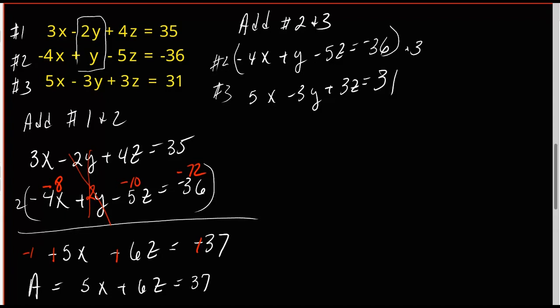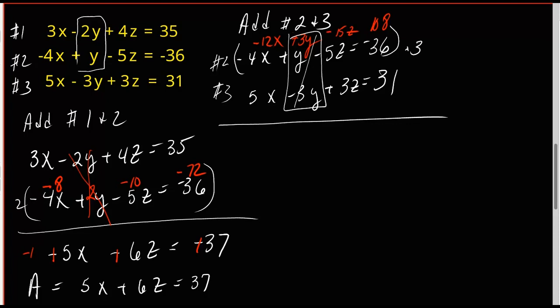When I do this, I would get minus 12x. That gives me 3y. 3 times negative 5 gives me negative 15z. Negative 36 times 3 is negative 108. So the y's are gone again.